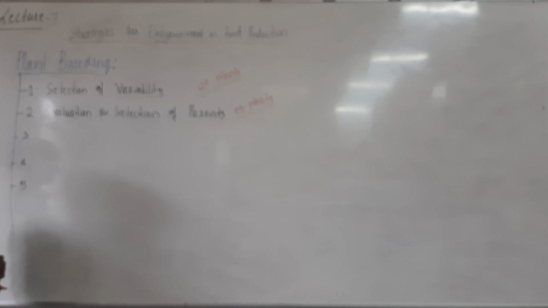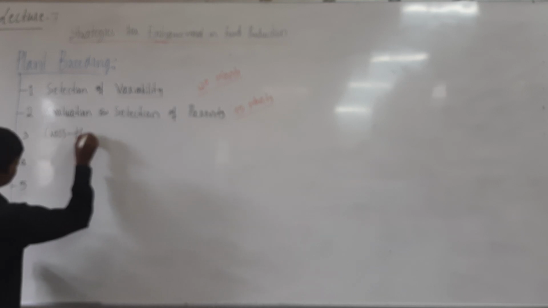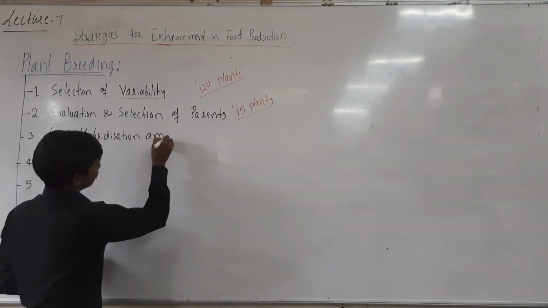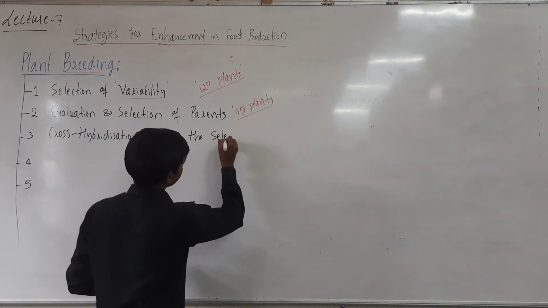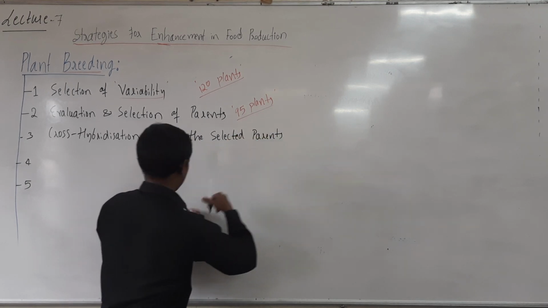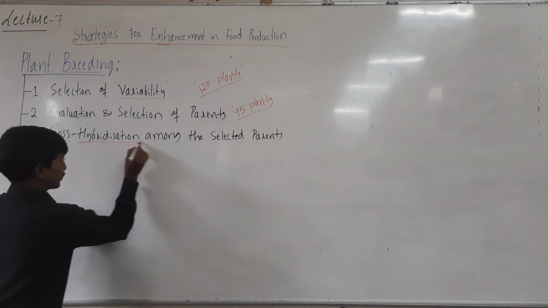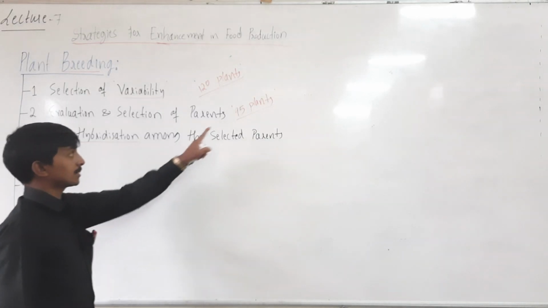Okay. After this, we will go for the next step, that is the actual step, that is cross pollination. Cross pollination or the cross hybridization among the selected parents. Remember, cross hybridization, nothing but artificial cross pollination, is done among some of the plants.